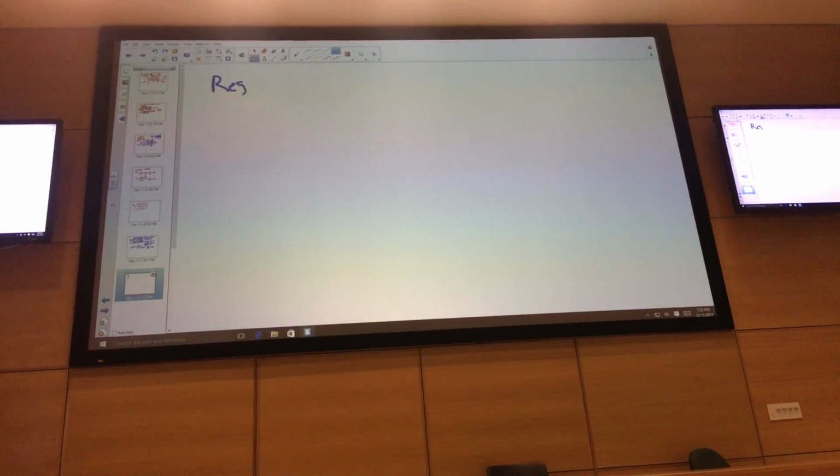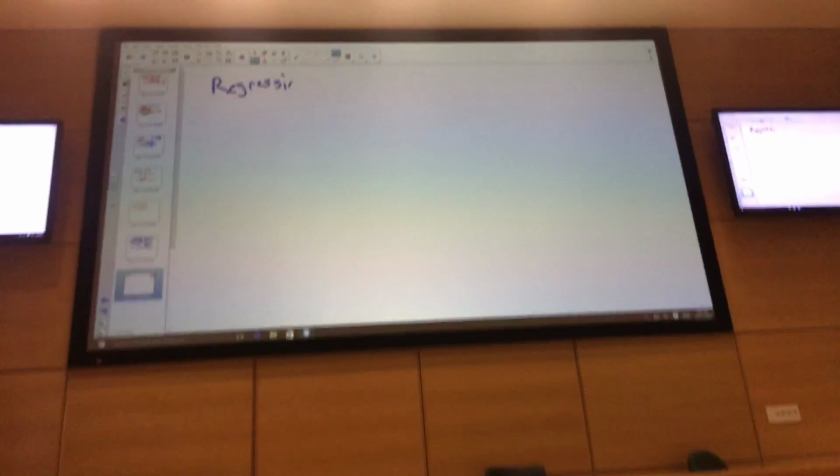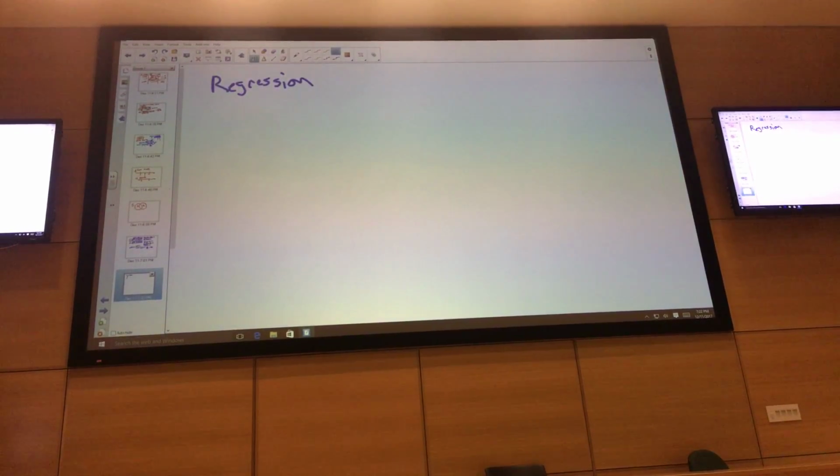Regression, right? So regression is kind of the end topic in a course like this, typically. Over the last few decades we're making changes to that because we need to know more than just regression.